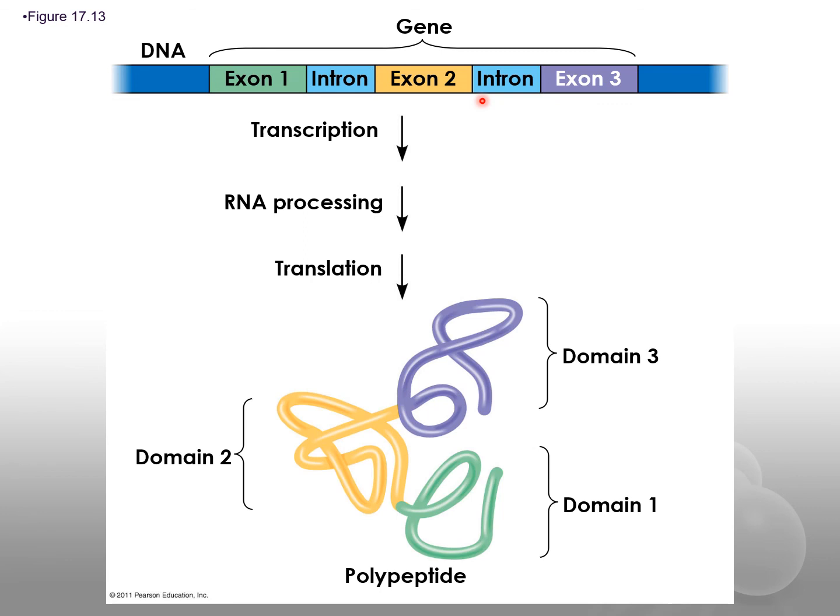Well, let's say both the introns stayed. Let's say they were not spliced out. There are going to be regions between exon 1 and exon 2 and between exon 2 and exon 3, which will make the protein larger, but it's coming from the same gene. So the protein will be slightly different in shape and larger, and it might have a different function as well.